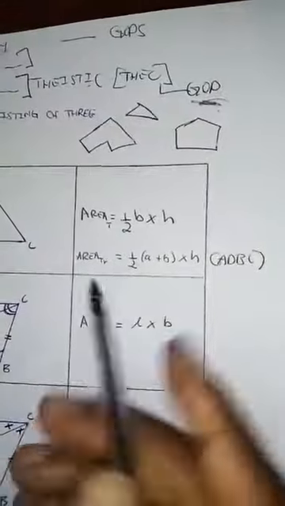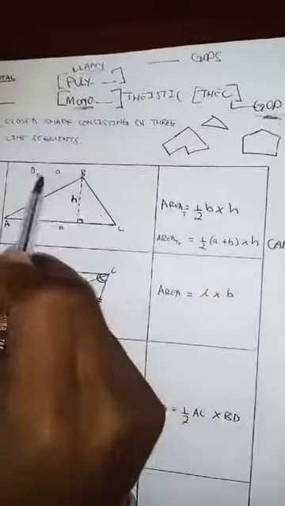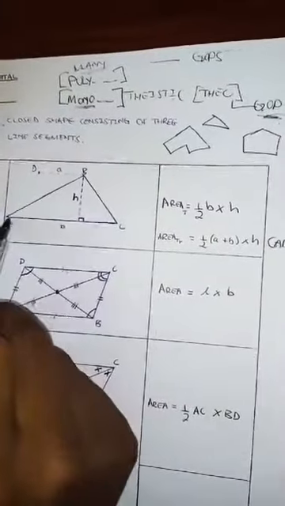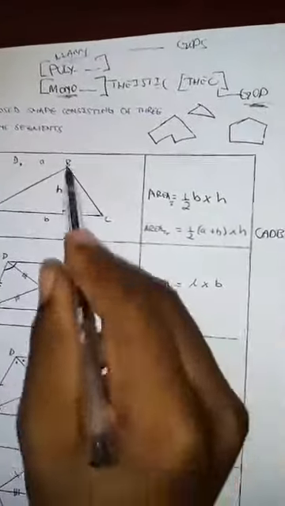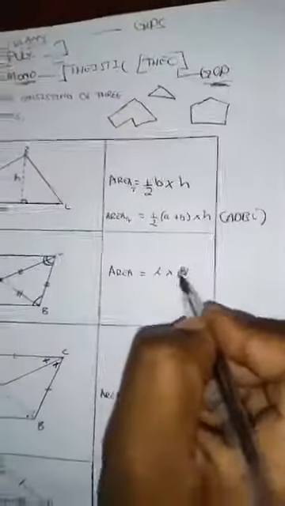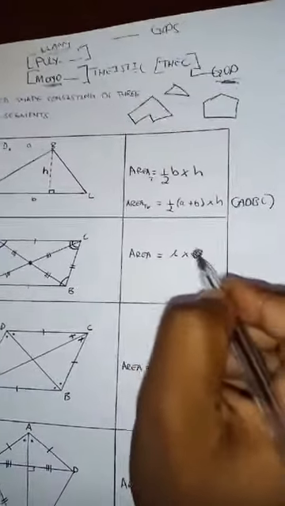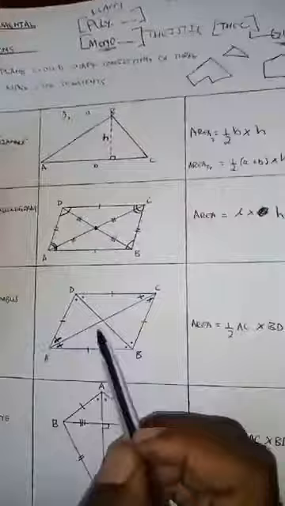So the area of a trapezium is half (A, the length of the small side, plus B, the length of the large side) multiplied by the height. And the area of a parallelogram is length times height, right? I showed you a parallelogram last week.